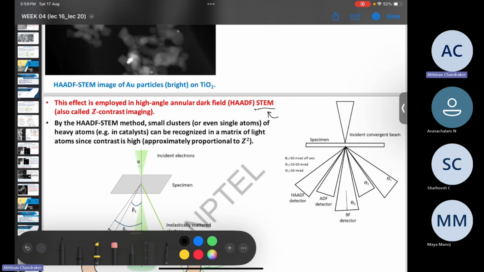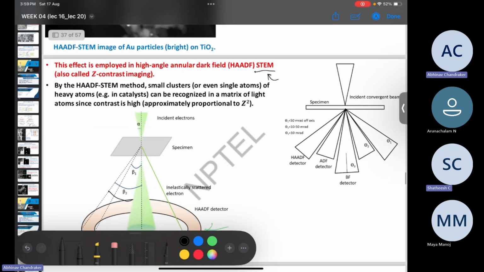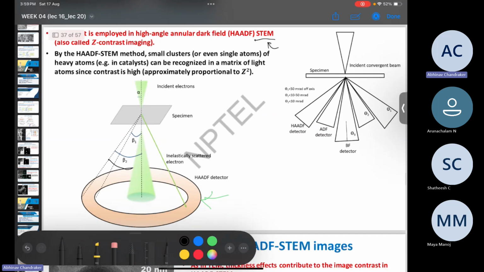So in case of HAADF, those regions in the specimen which have heavier atoms, as I earlier mentioned, the heavier atoms will have more Coulombic interaction with the incoming electrons, and they will scatter the electrons more. And also, they'll scatter the electrons by much higher angles because the repulsion of the nucleus with the electrons is more.